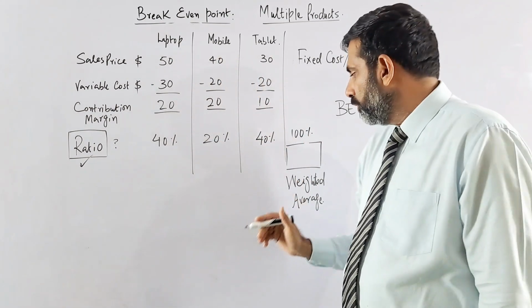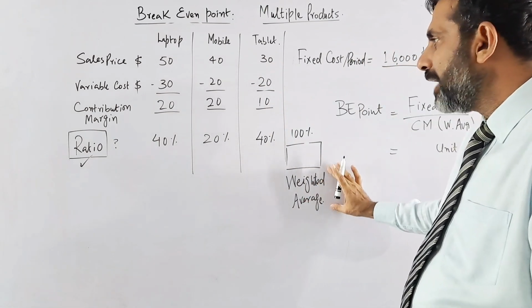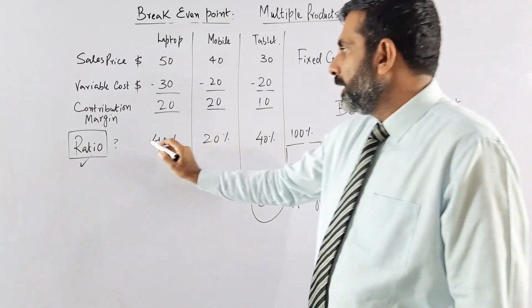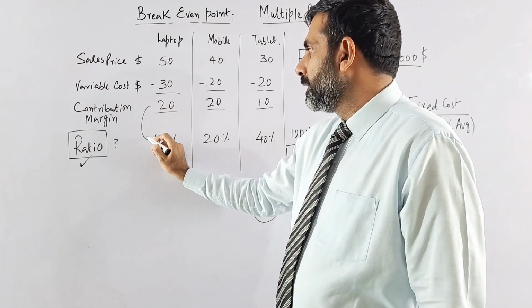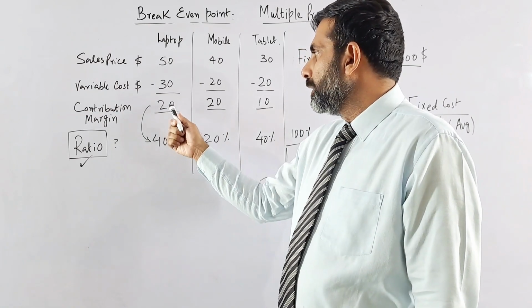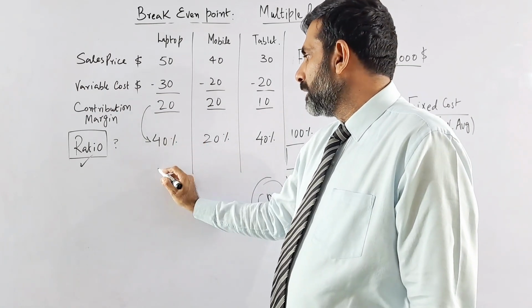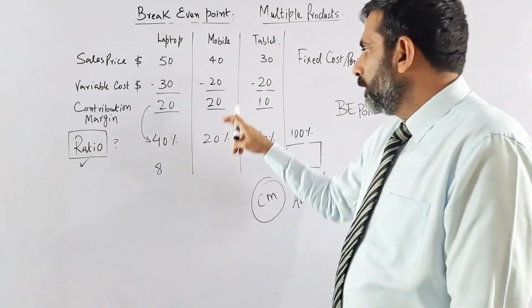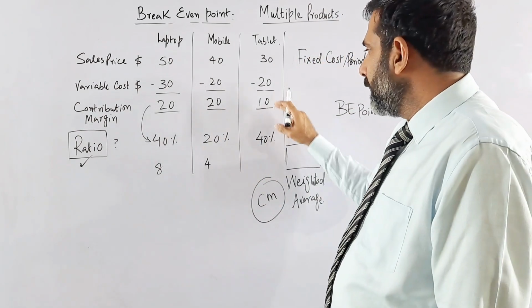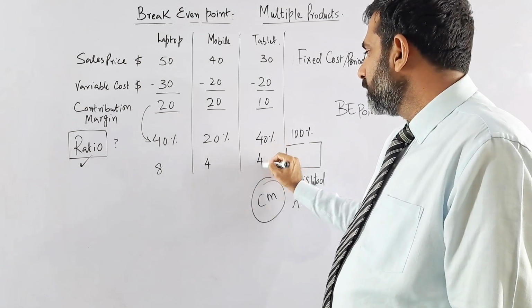So what we have to do is calculate the weighted average contribution margin. Simply, we multiply each contribution margin with its ratio or percentage. 20 into 40%, the answer will be 8. 20 into 20%, the answer will be 4. 10 into 40%, the answer will be 4.